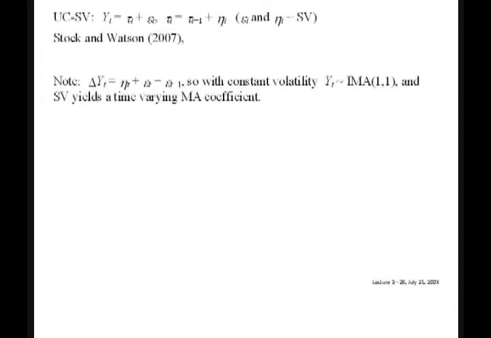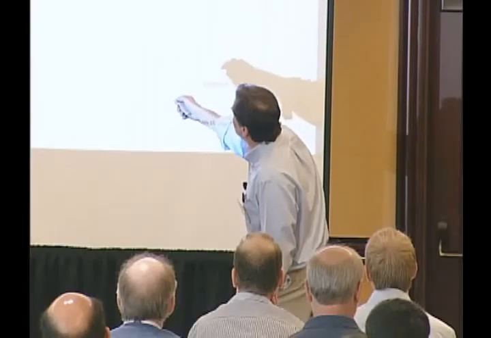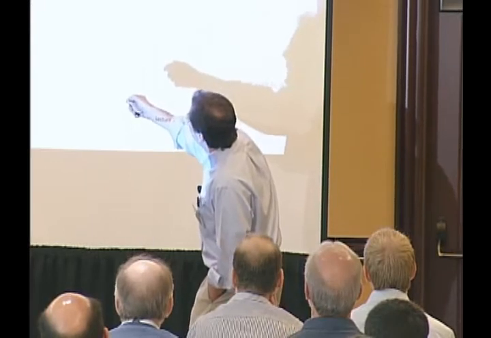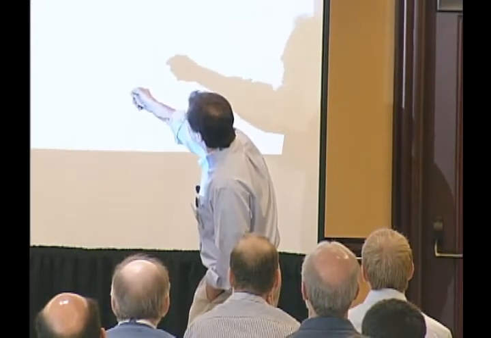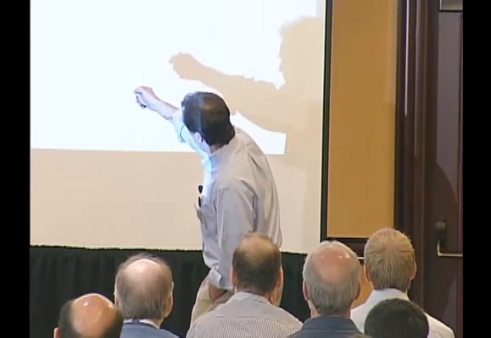So you could think about estimating this model and do the usual kind of calculation. Look at the first difference of inflation. The first difference of inflation is going to be the first difference of tau, which is eta, and the first difference of epsilon, which is a first difference of white noise. So this part on the right-hand side is going to be correlated only at lag 1 and have negative serial correlation at lag 1, but 0 everywhere else.